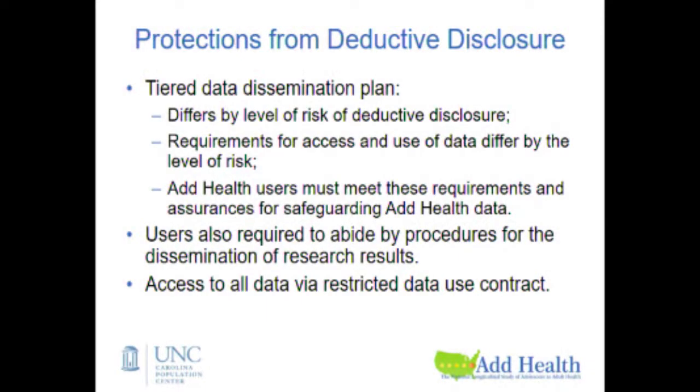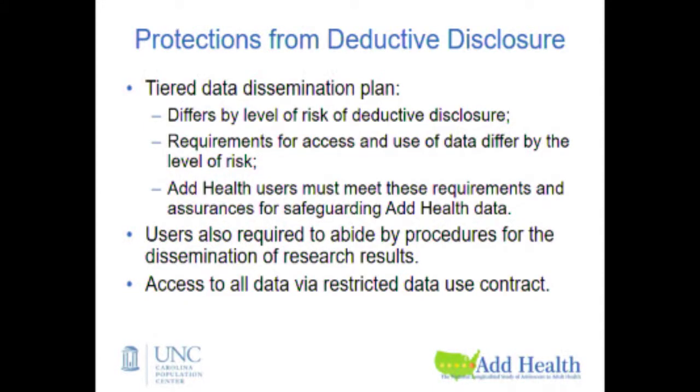The way that we protect against deductive disclosure is we make it difficult for somebody to deductively figure out who's in the data set. And then we impose security protocols and a legal agreement between the users of our data that they will not try to figure out anybody in the data set.